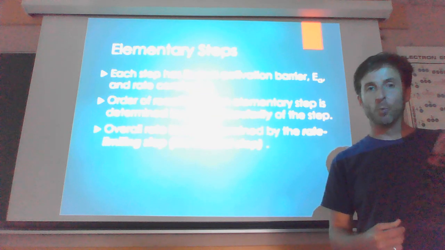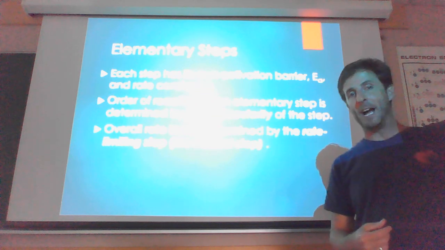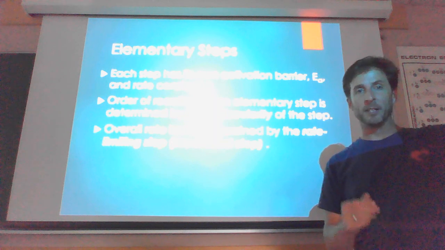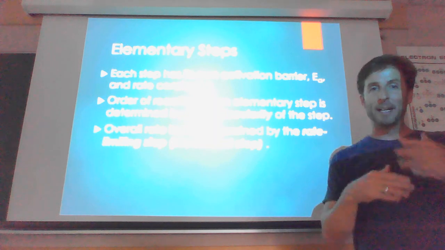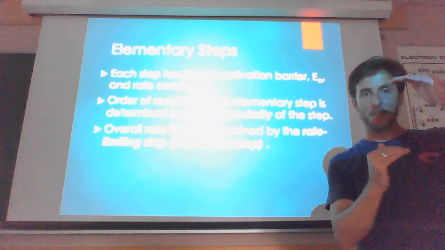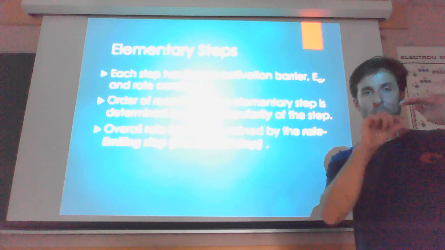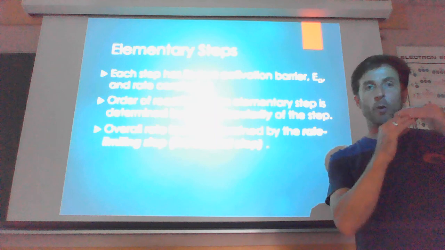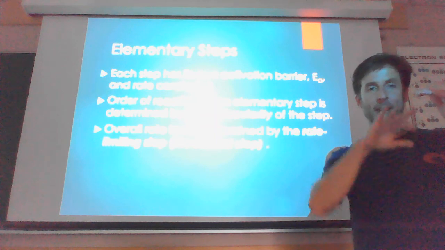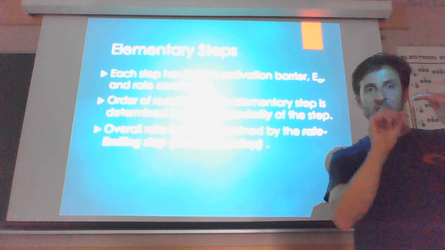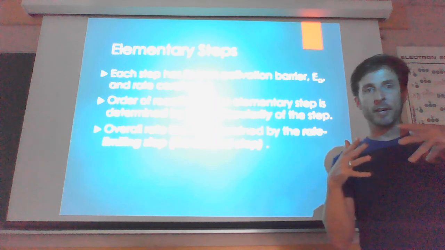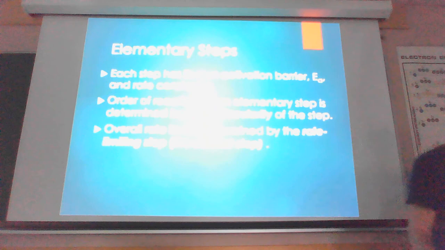So even if one person wants to go really fast, they can't because they're tied to the other 4. Well, in a reaction mechanism, when you have all these steps, if there's one step that's really slow, it's going to hold the whole process up. You can't get through the mechanism without going through that slow step. So the slow step is going to be the one that holds everything back.